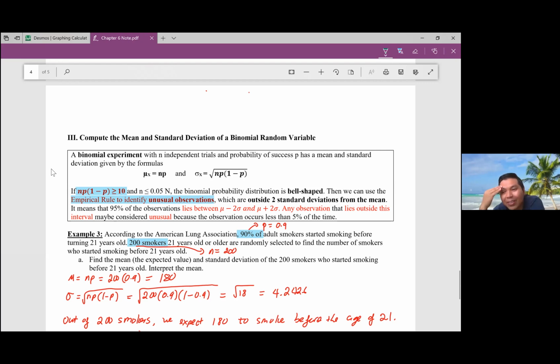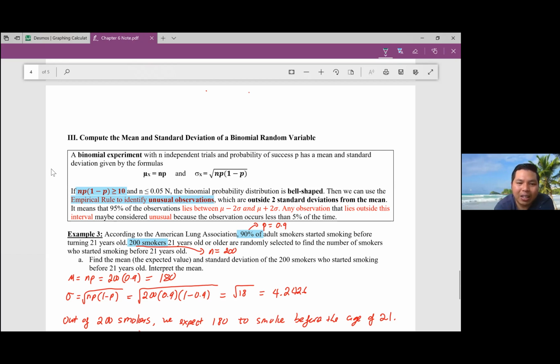What does little n stand for? Number of trials. Number of trials. That's right. And what does capital N stand for? Population. Oh, I was right. Yeah, little n is the sample size, and capital N is the population, right? So when you select 200 people, our 338 million is for sure less than 5%, right?